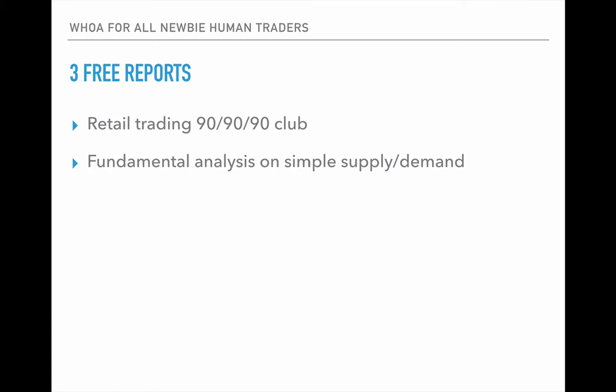A big one for me, of all the stuff that I've learned and all the people I talk to that go up into the $1 million trading portfolios, there are a lot of common elements, and it's really simple stuff. It's using fundamental analysis based on simple supply and demand of whatever it is. Futures, options, there's only so much supply out there of a particular asset, and there's a demand for it, and that's what drives the prices.